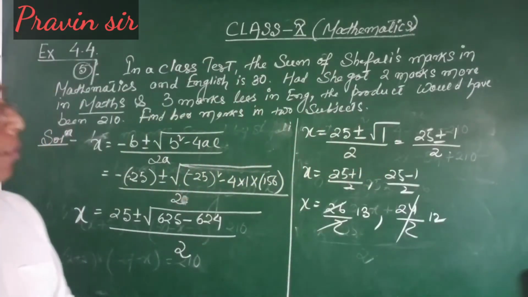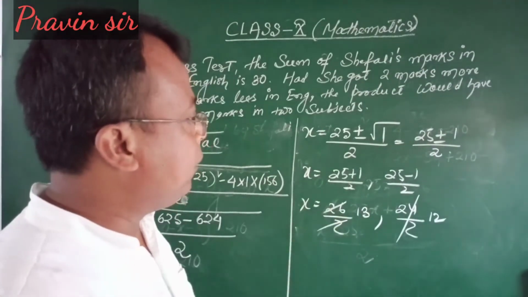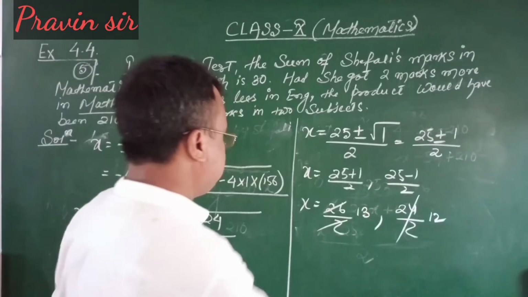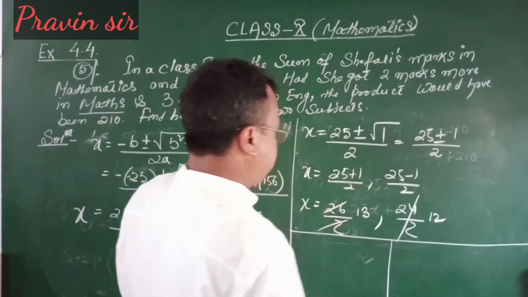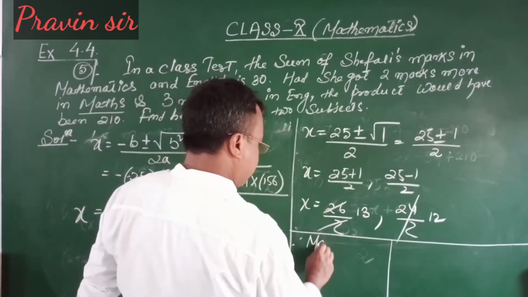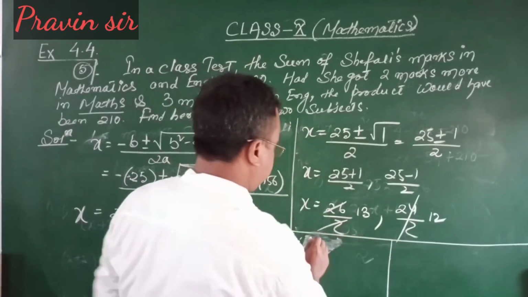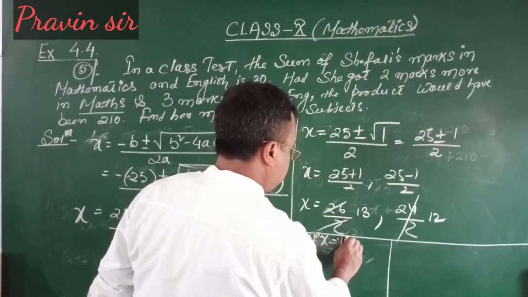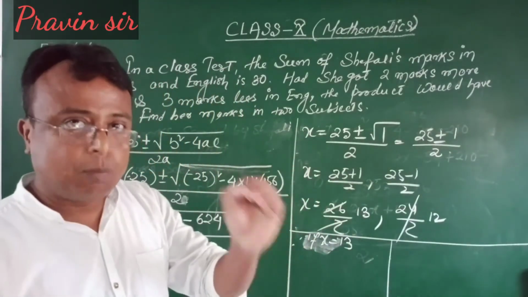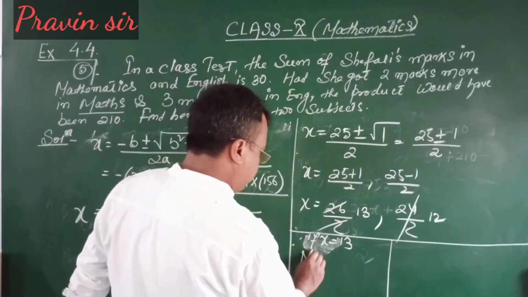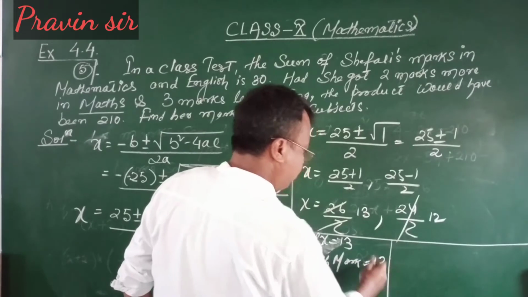So we got the value of x is equal to what? Two answers we are getting. One is 13 and another one is 12. Now you see here. So what we suppose, therefore maths mark, if x is equal to 13, what we suppose in the previous part, the mathematics mark is x. So maths mark is equal to 13.